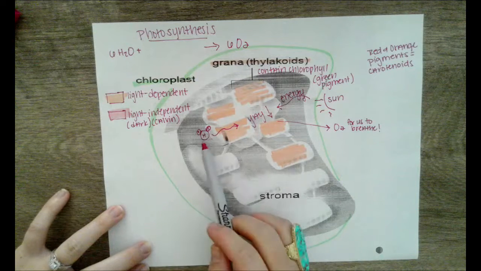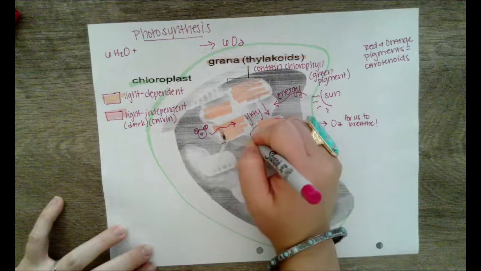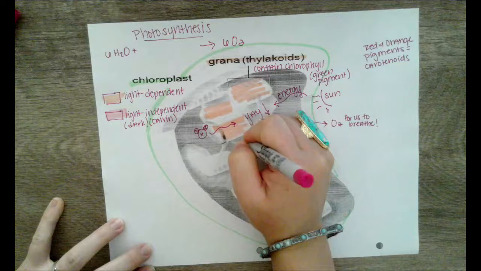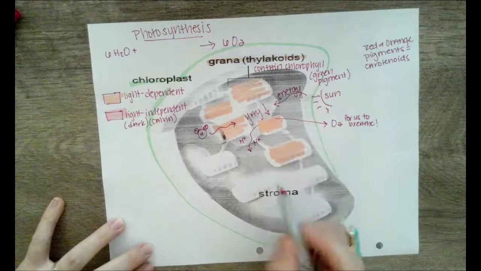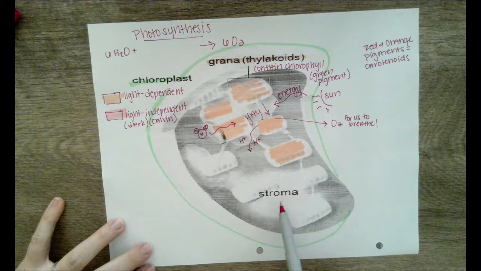Where did the hydrogens go, though? The hydrogens are released, little hydrogen ions now, and that energy is going to move down and be useful in the next set of reactions.